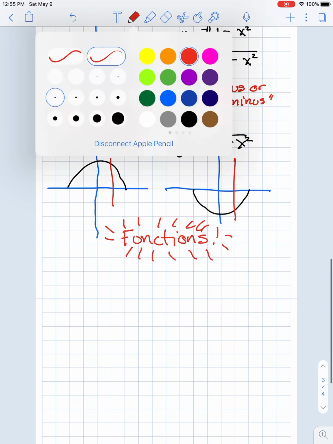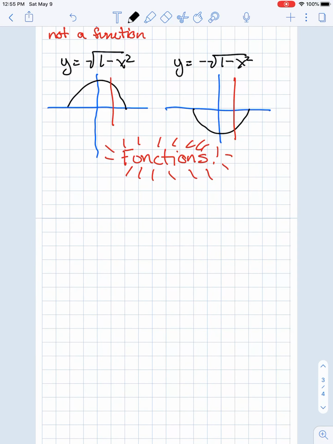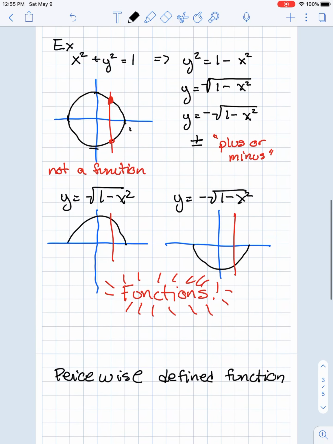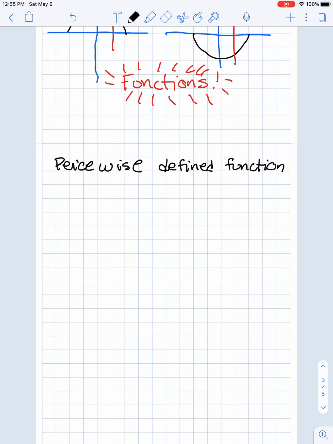So another fun type of function, I'll start on a new page, is the piecewise defined function. See how I split this one graph into two? What if I took two graphs and put them into one? How does that work?